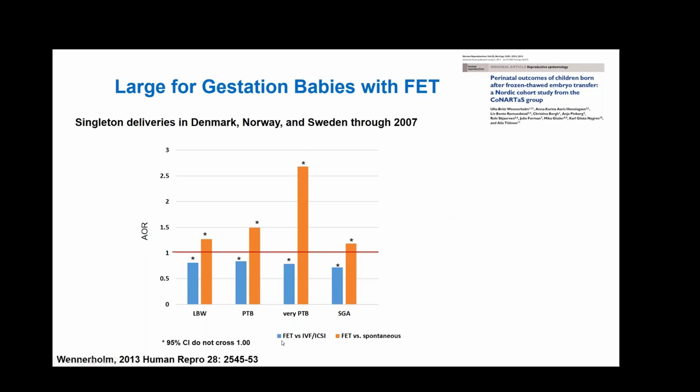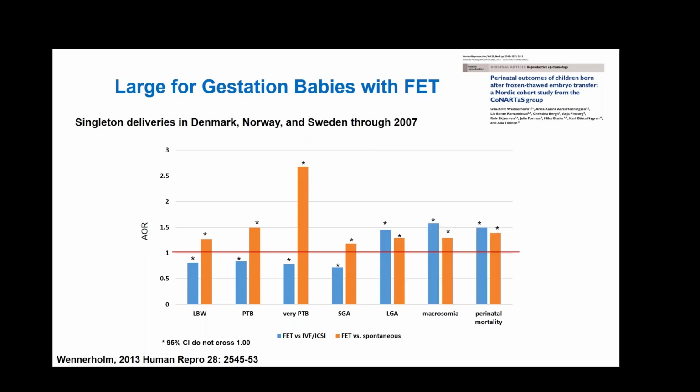So even though the frozen embryo transfer had lower rates than the fresh, the frozen still, again, had higher than the spontaneous conceptions. However, this study additionally showed a somewhat concerning observation that large for gestational age babies and macrosomia, or abnormally large body size, were also increased in frozen as compared with both fresh transfers and spontaneous conceptions.